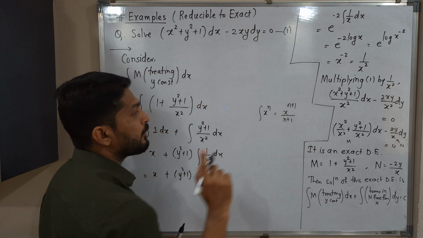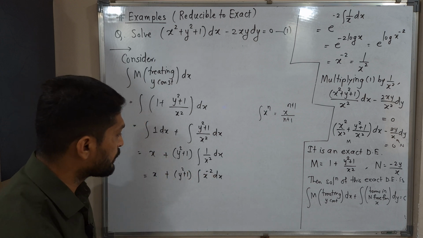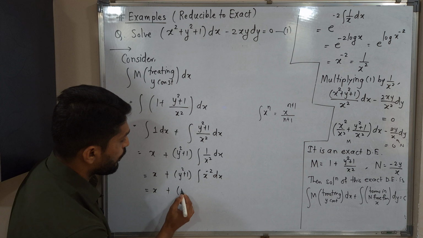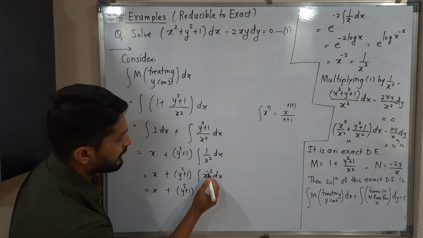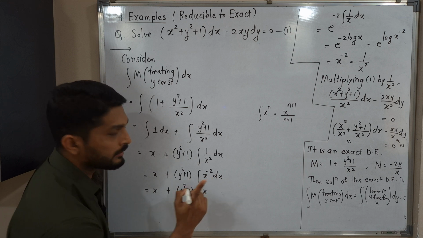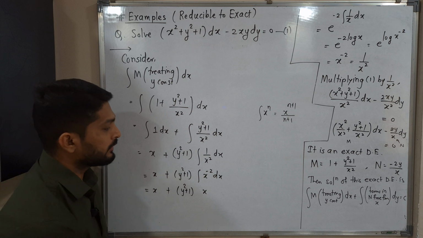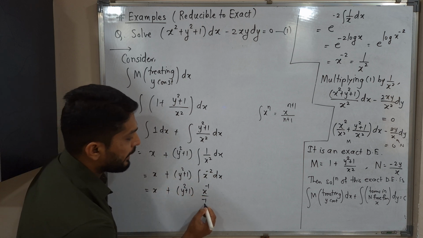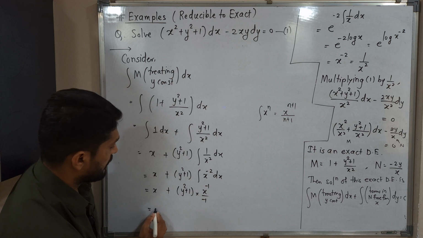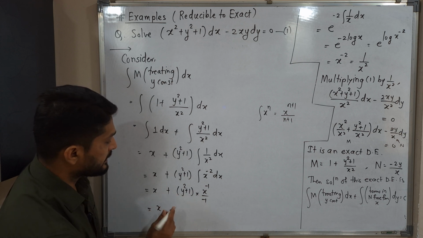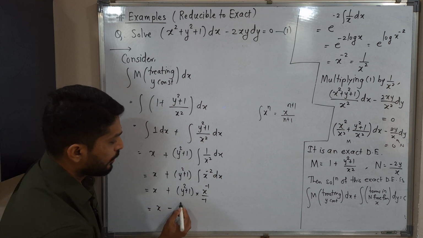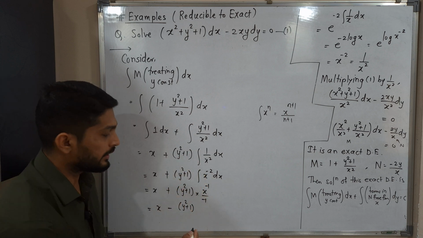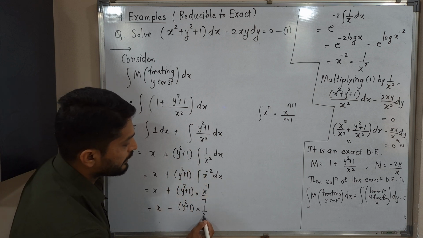Whatever the power we have, we add 1. The power is minus 2, add 1, which is minus 1, and the same number in the denominator, minus 1. So x minus y square plus 1 as it is, x raised to minus 1. If I shift to the denominator, it is 1 by x.